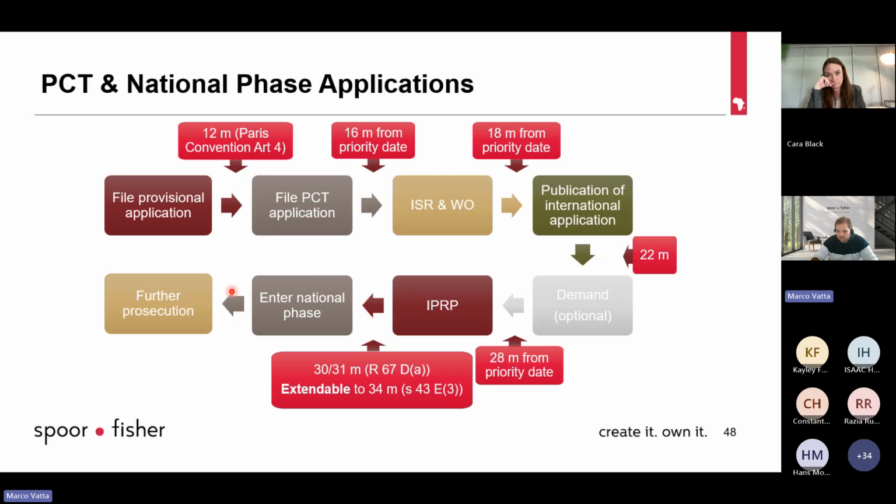So that declaration is very important in South Africa. And applicants that are very serious about obtaining their patents will often delay the acceptance of the application. So if I go back to the previous slides.